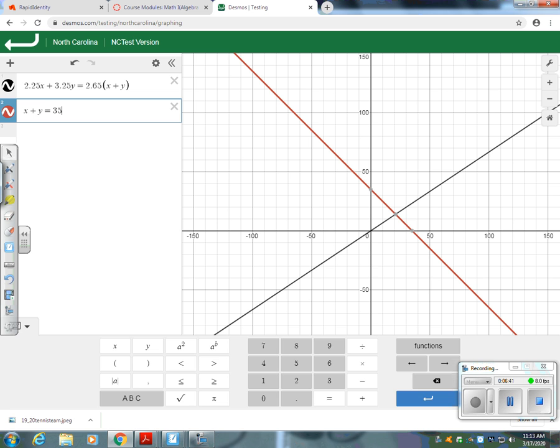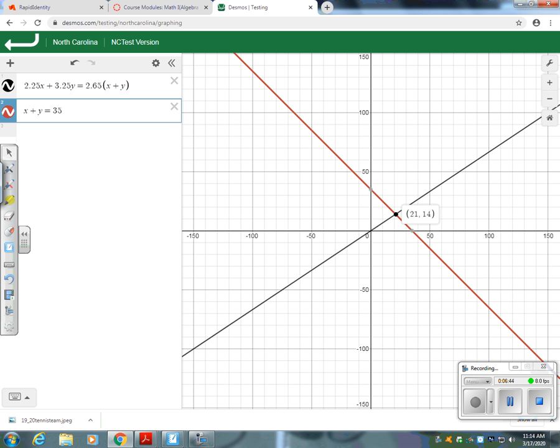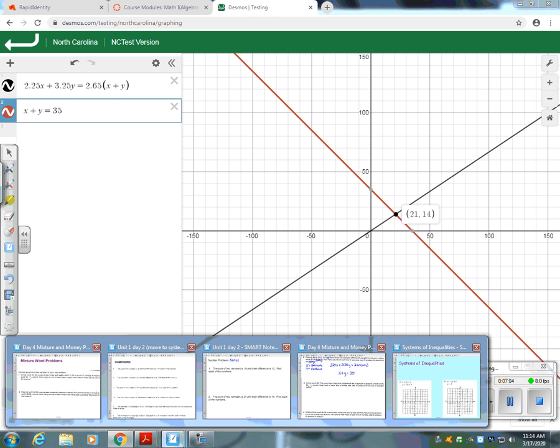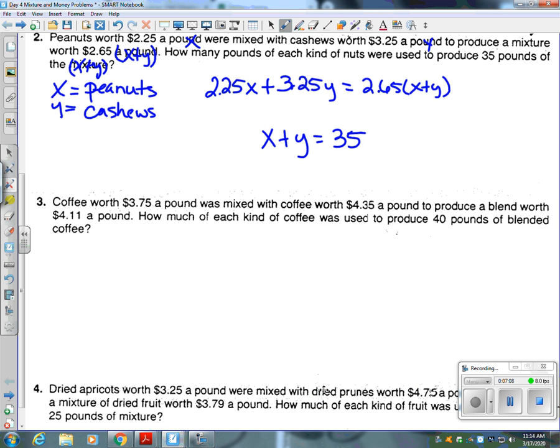We want to click on where they intersect, and we're looking at 21 pounds for the peanuts and 14 pounds for the cashews. And if we add 21 plus 14, we get our 35 pounds. So 21 pounds of peanuts and 14 pounds of cashews.